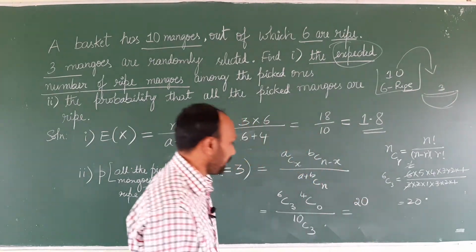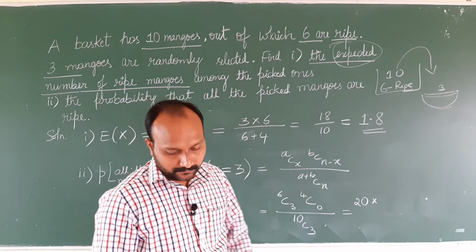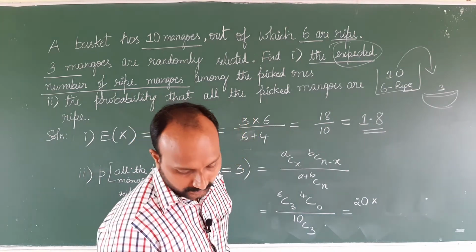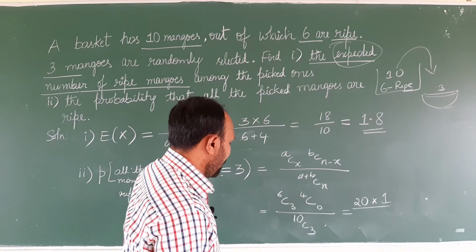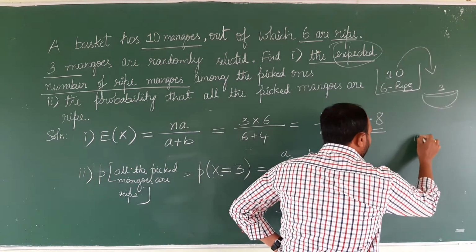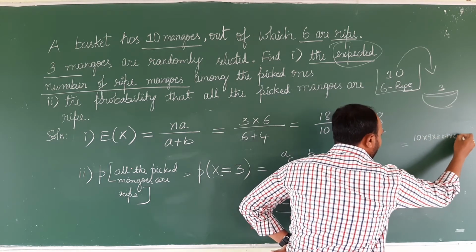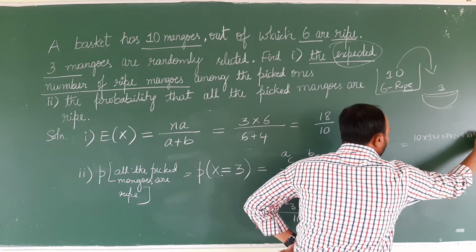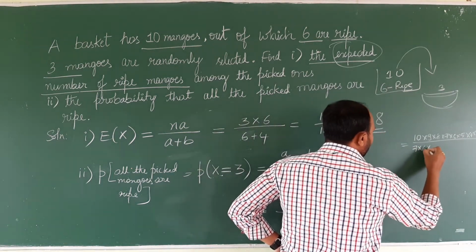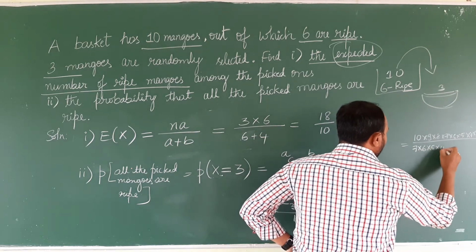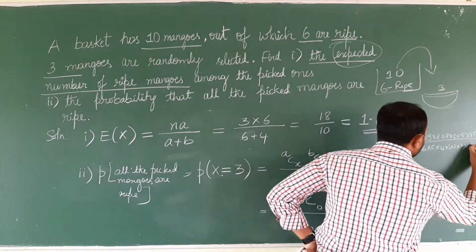So the first term, 6C3, is 20, into 4C0, which is nothing but 1, divided by 10C3. 10C3 is 10 into 9 into 8 into 7 into 6 into 5 into 4 into 3 into 2 into 1 divided by 7 factorial, 7 into 6 into 5 into 4 into 3 into 2 into 1, into 3 factorial, 3 into 2 into 1.